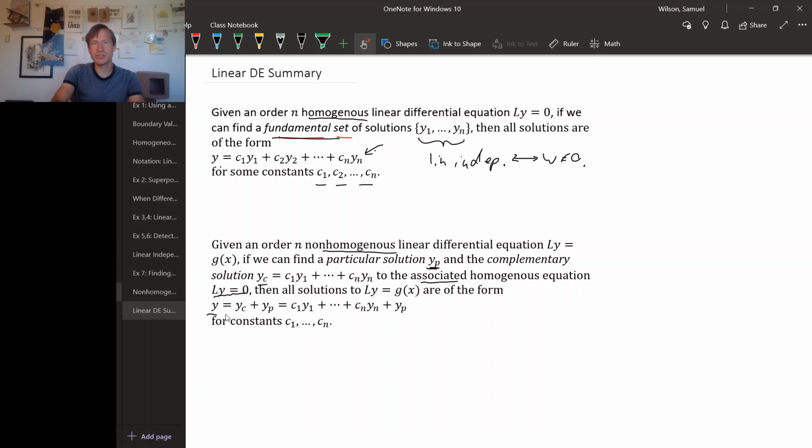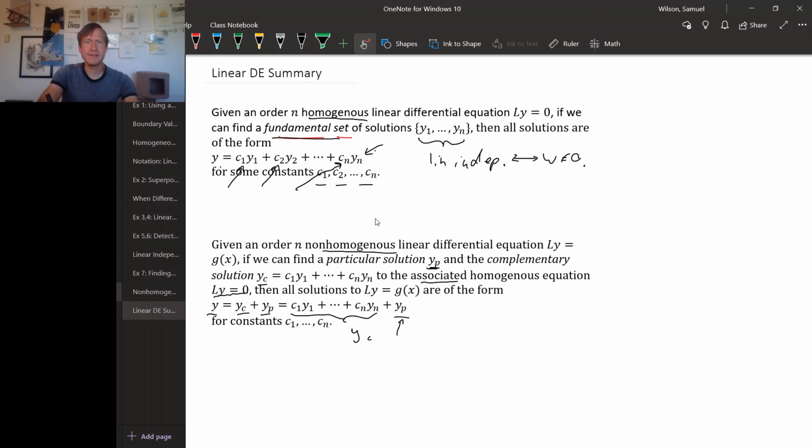And then the general solution is the complementary plus the particular. And again, in the complementary solution here, you'll have all of these constants that you could choose, right? And you can still choose any constants as long as you remember to add that particular solution.